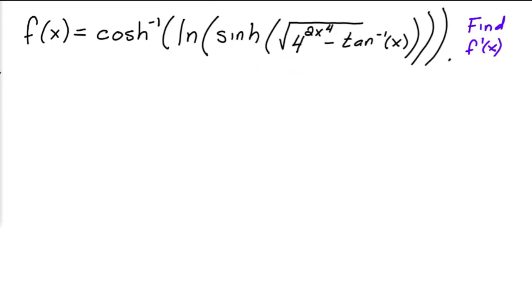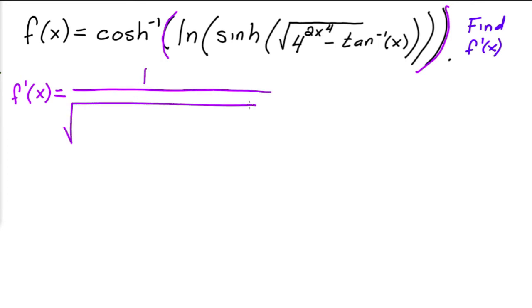Alright, so we've got some insane madness here. We want to find the derivative of this whole thing. And so we're going to crack at it one step at a time. Looking at the most outside function, I've got this guy right here, inverse cosh. And its derivative is 1 over the square root of x squared minus 1.